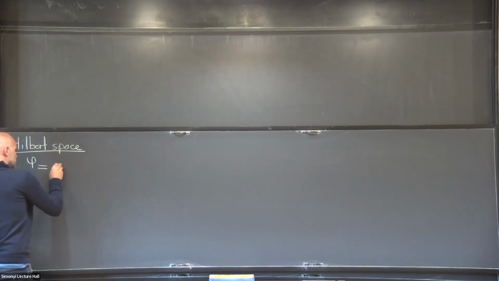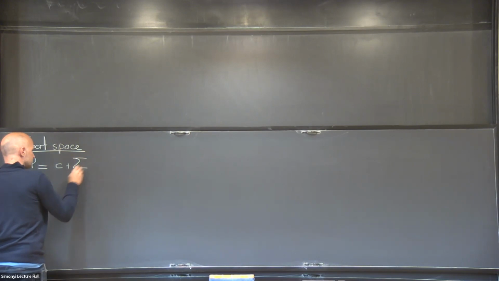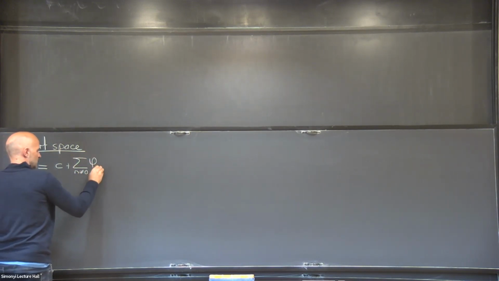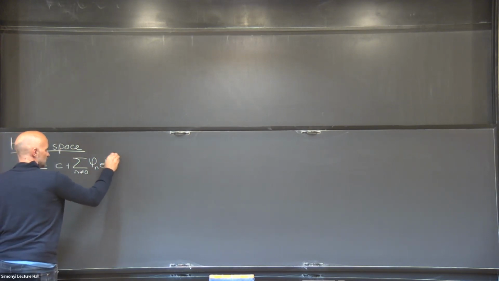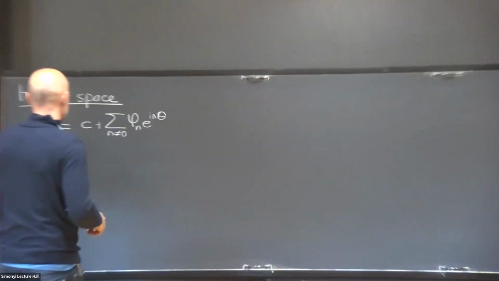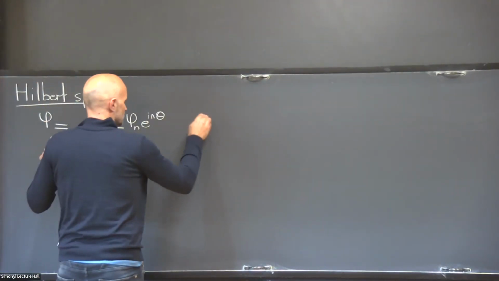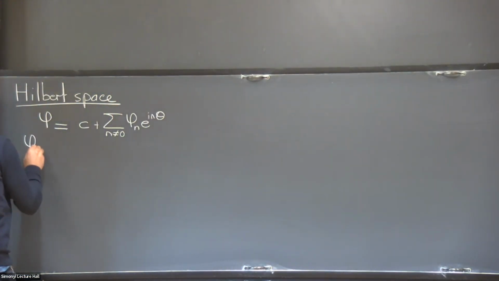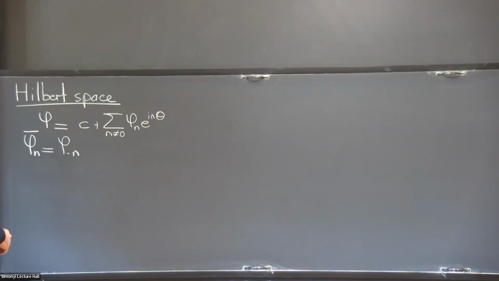So I will single out the zero mode of this Fourier series. So this field is real valued. This means that you have φ_n equal to the conjugate of φ_{-n}. And I will use other complex coordinates.